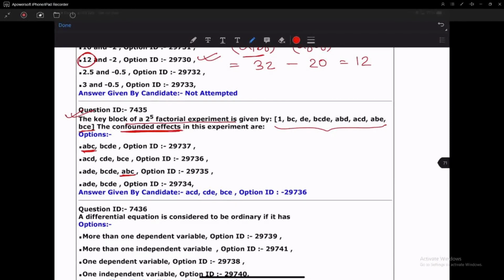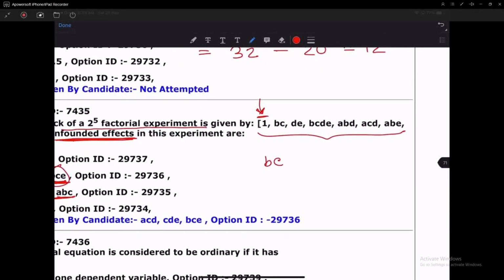Let's start with another example, say BCE. Let's check whether BCE is confounded or not, just check manually. With 1 there is no common member. With BC we have an even number of common members, with DE we have no common member.